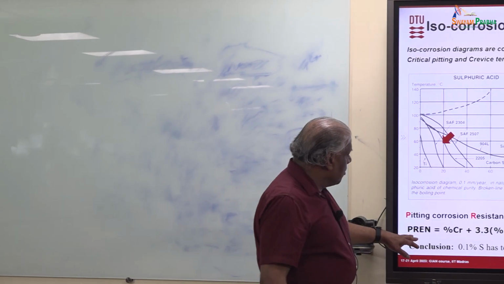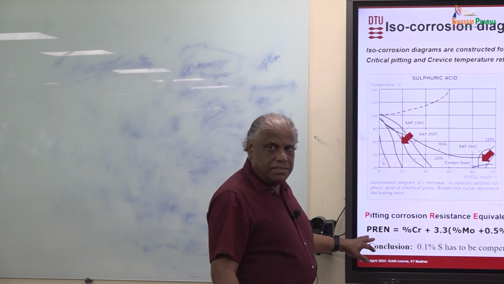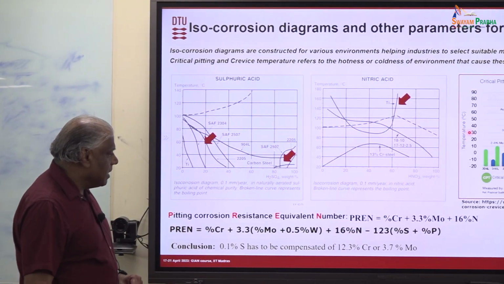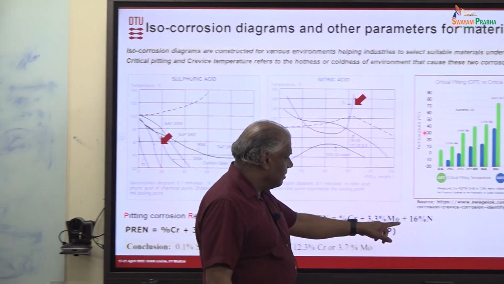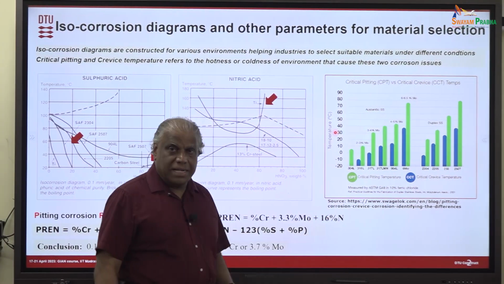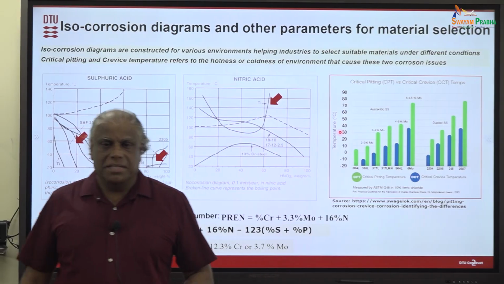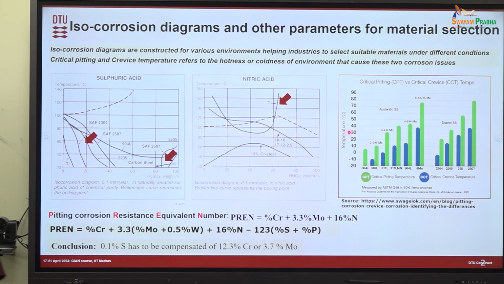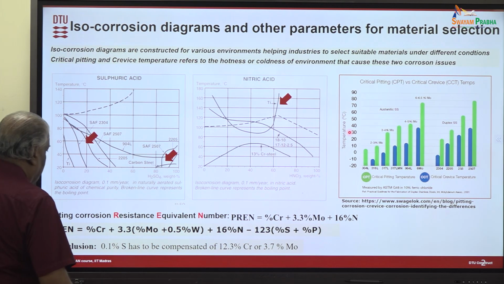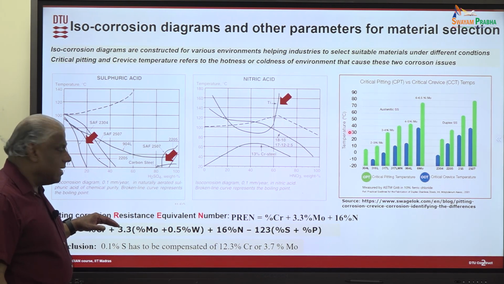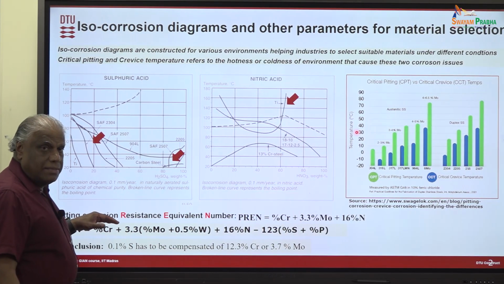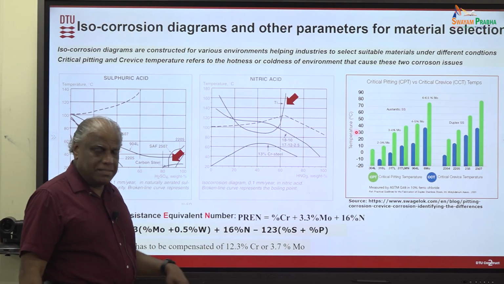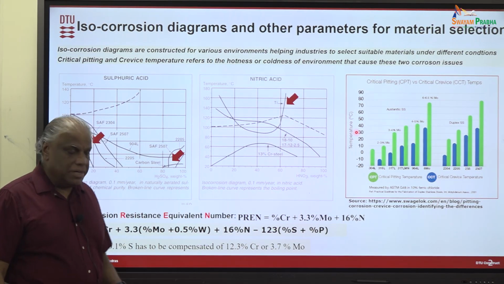Then connected to that, people have also developed, which Lakshman mentioned about. Maybe I'm just showing here a little bit more expanded form, because I think Lakshman was showing this one with the chromium, molybdenum and nitrogen. The PREN number, that is the pitting resistance equivalent number, is fully empirical. They made a lot of model alloys of stainless steel, and from that they calculated how the composition of the steel influences the pitting resistance, and they formulated this equation.